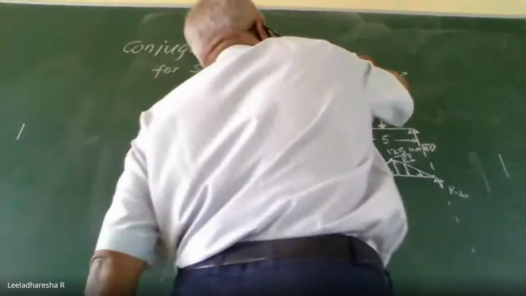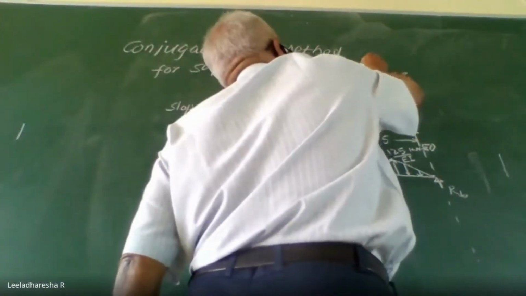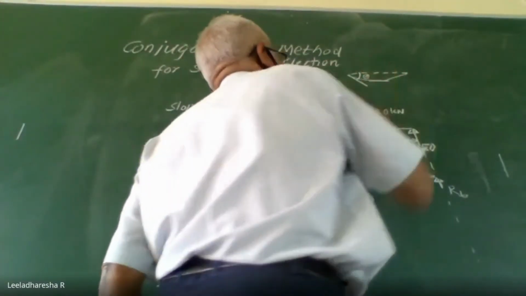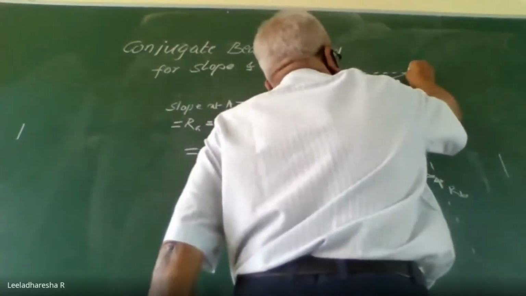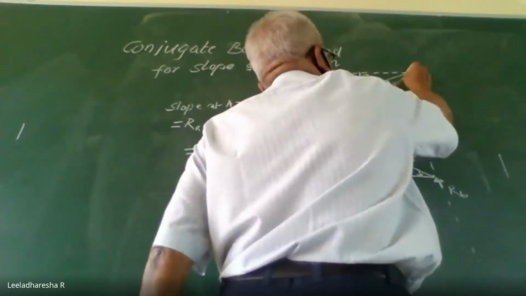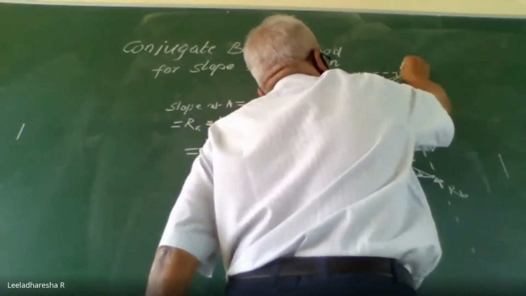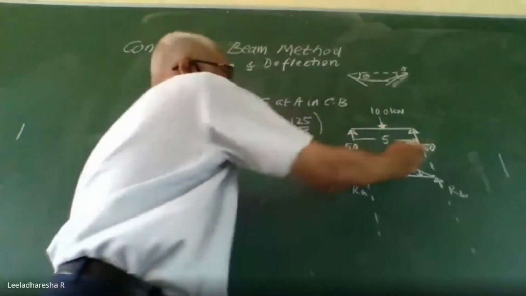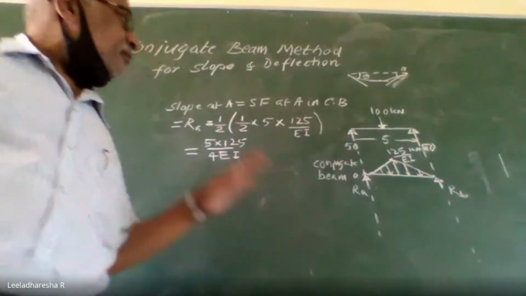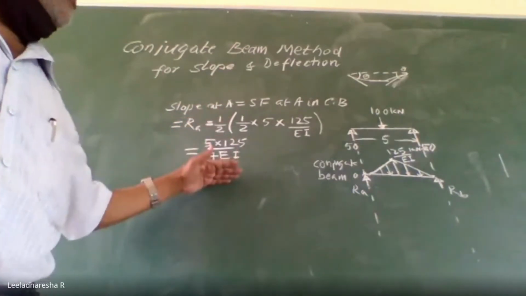But slope at A is this angle, theta, which I determine. And slope at B is also equal to the same angle theta, because of symmetry. Right, now I determine slope.